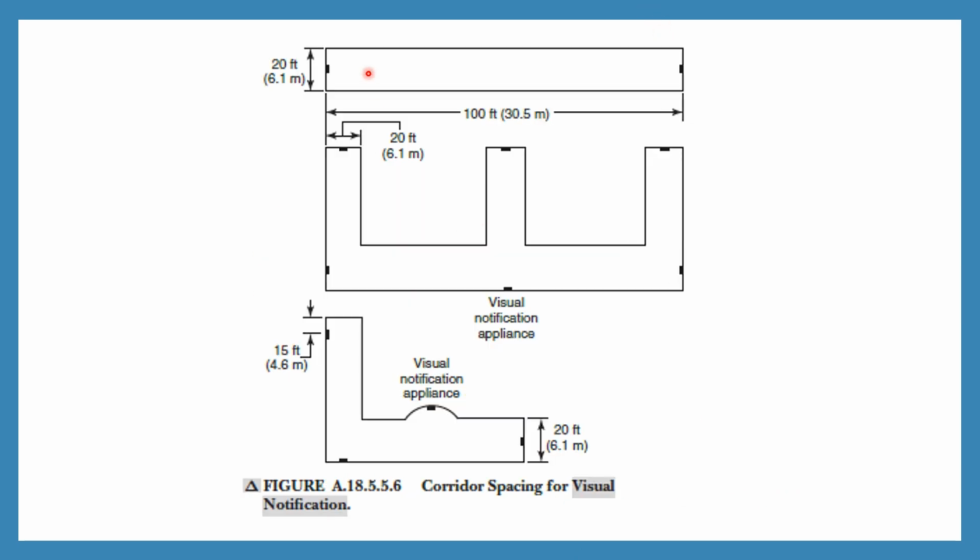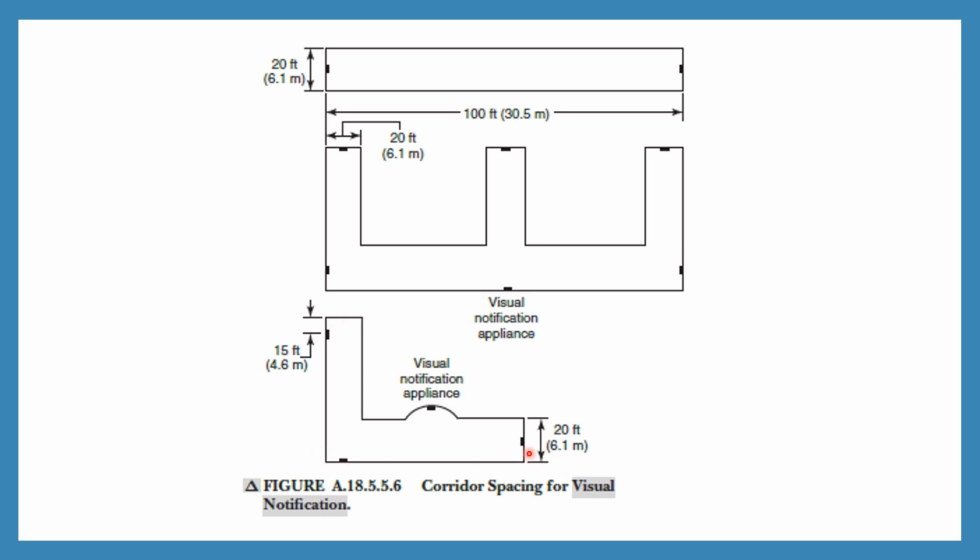Room allocation, spacing, and all those requirements have been done. Now if you have a corridor, strobes shall be placed at a maximum of 15 feet distance from the end of the corridors.